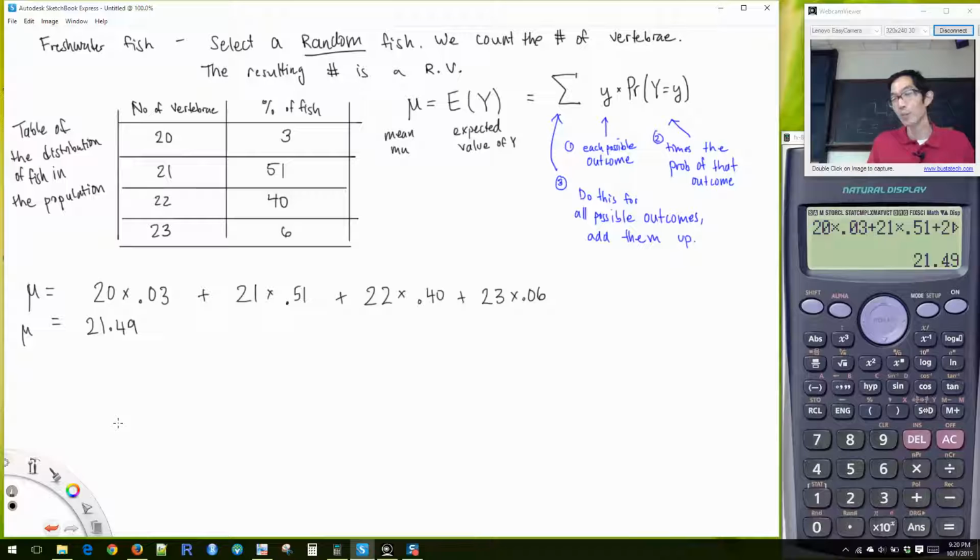After 1 million fish, and I take the average, I would get this number here. So this is the, quote, long run average after many observations. I should say many random observations.